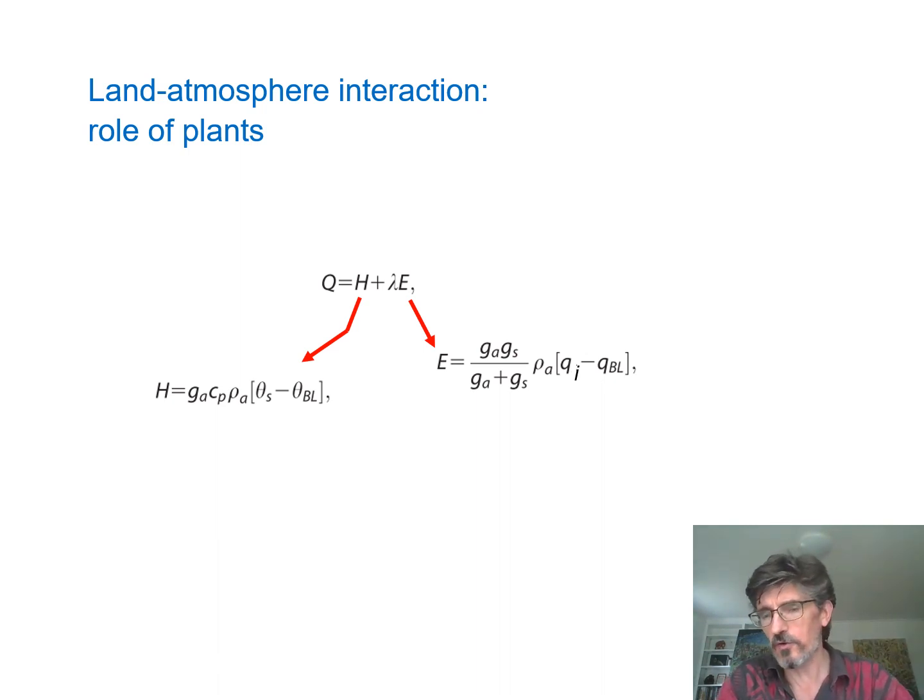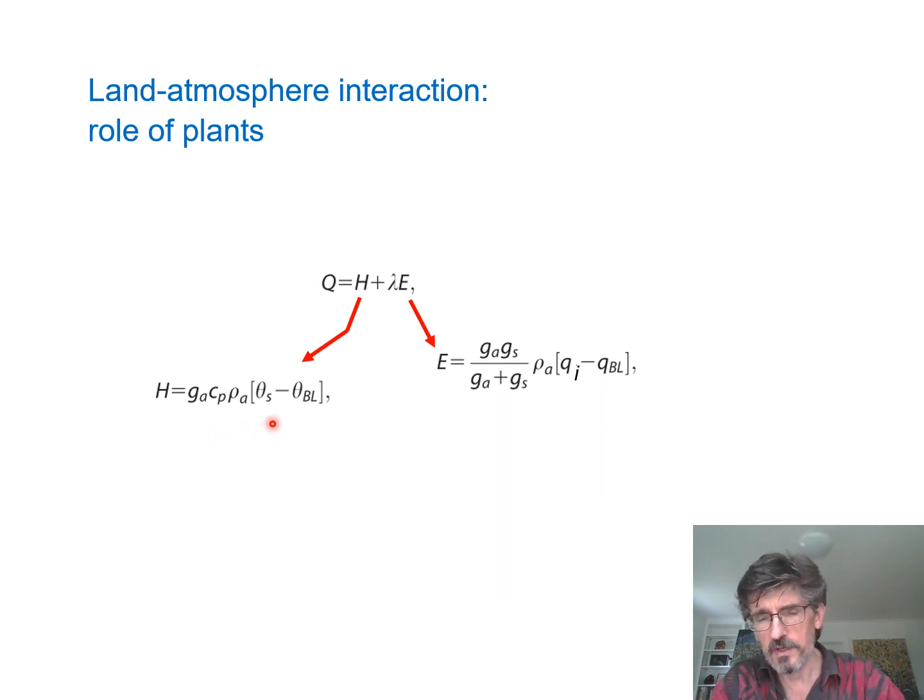So if we write down specifically the energy balance, as we have done, available energy, sensible heat, and latent heat of evaporation, then H is this usual transport formula that we've seen.